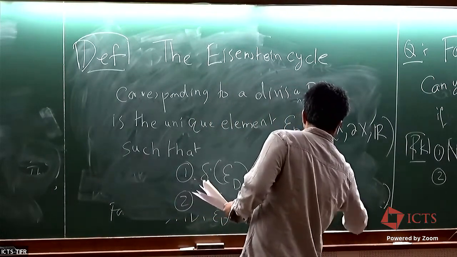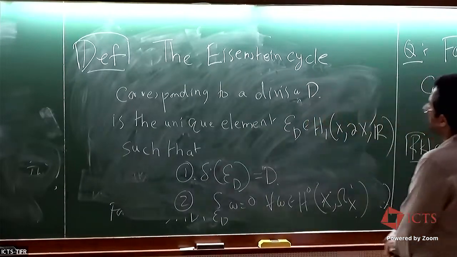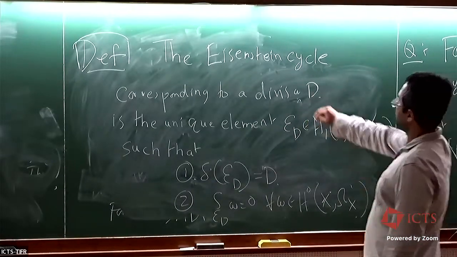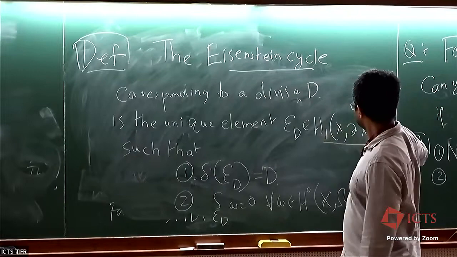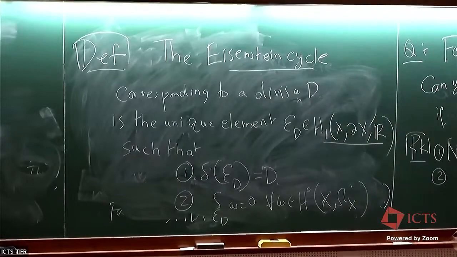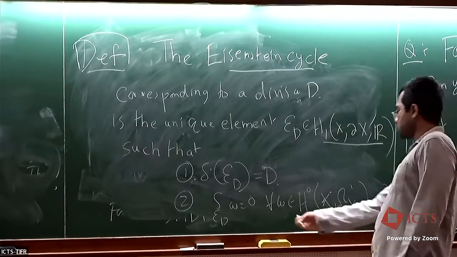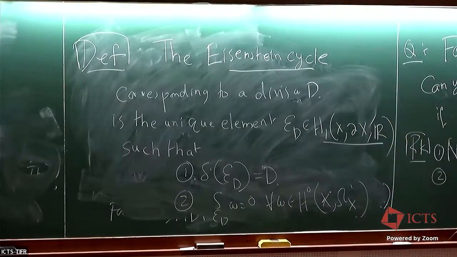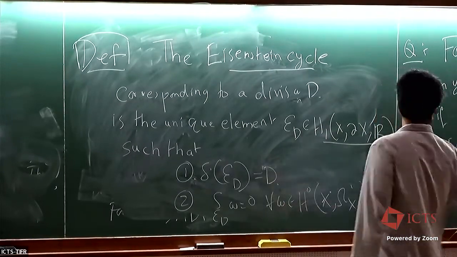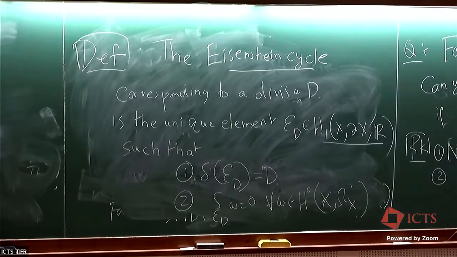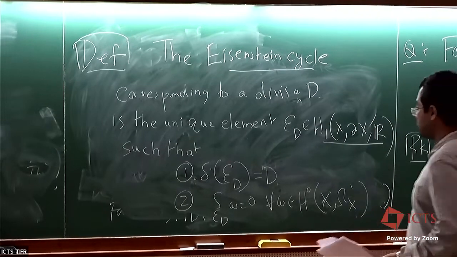So this is my definition of the Eisenstein element. This is a certain element of the homology group. Okay, and this second condition says that this is the complement of the cusp forms, and this boundary should encapsulate this divisor D.